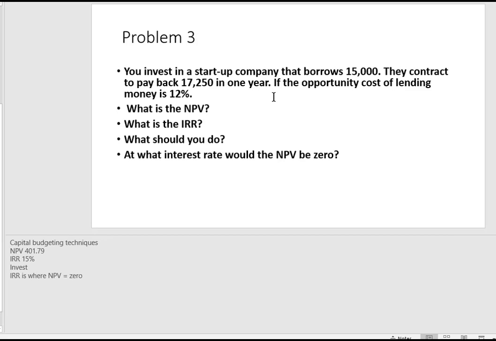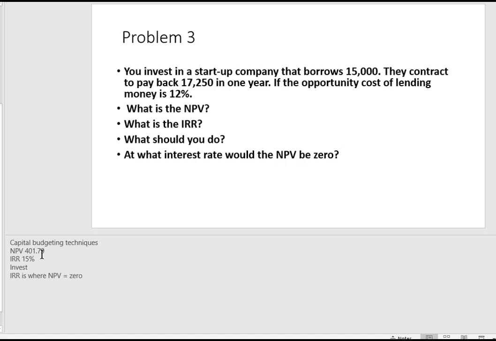You're going to have a startup problem. We're going to borrow $15,000, and then we're going to pay back. You're going to get a payback from the project of $17,250 in 1 year. The opportunity cost of lending money is 12%. Again, using the capital budgeting technique spreadsheet, what should we do?